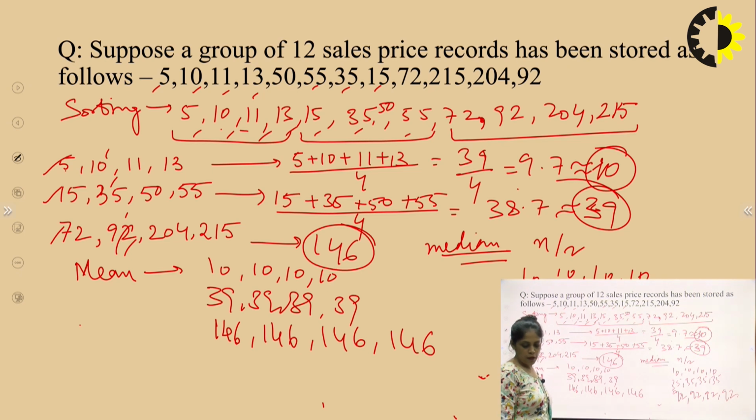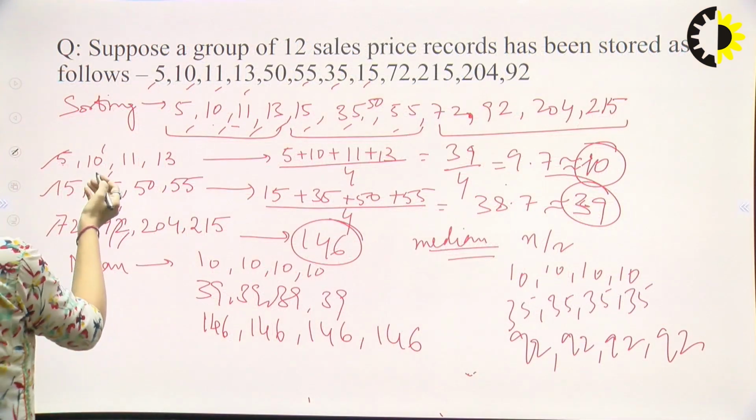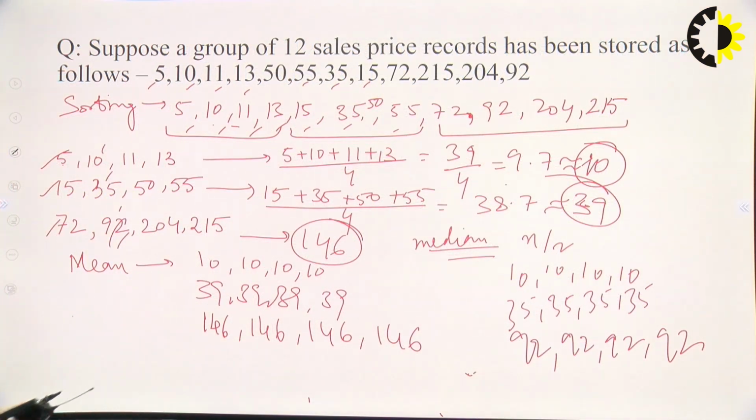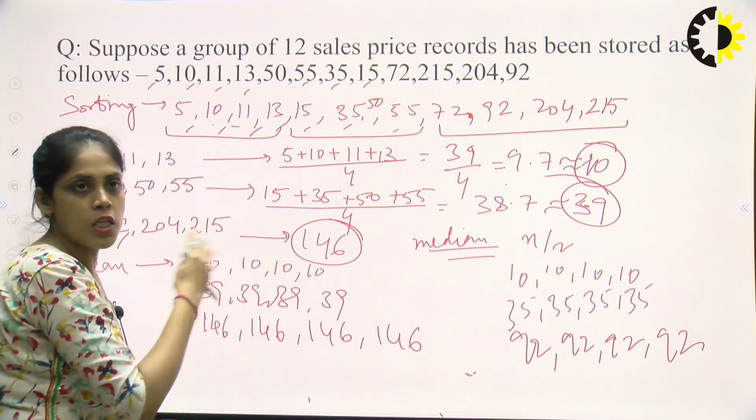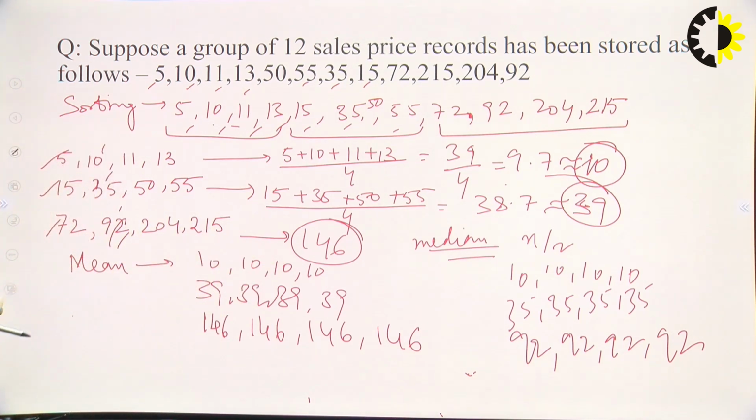It is closer to 5, so let us replace it by 5. 11 is closer to 13, so it will be replaced by 13. So both the values will be replaced by 13. Here the values will be replaced by 35 and 55. And here by 72 and 204. So the final values for boundaries will be somewhat like this.